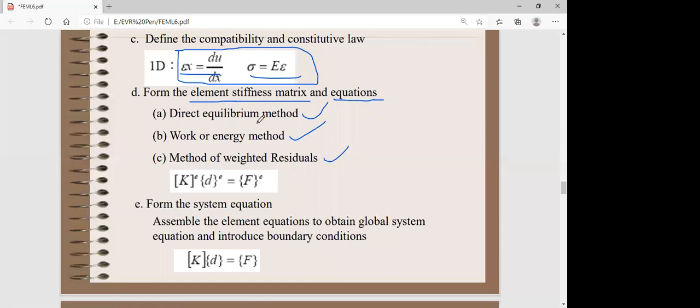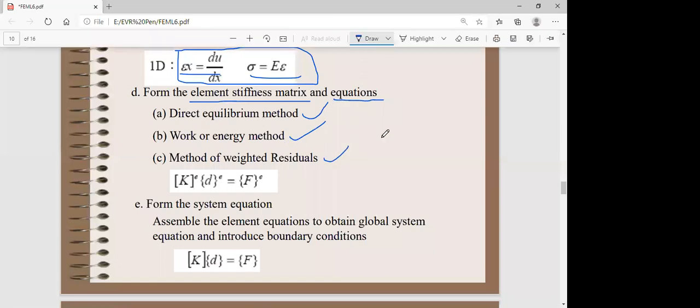These are the things we discussed in unit 1. This expression represents the element equation. In this element equation, the elements in this matrix are stiffness elements.